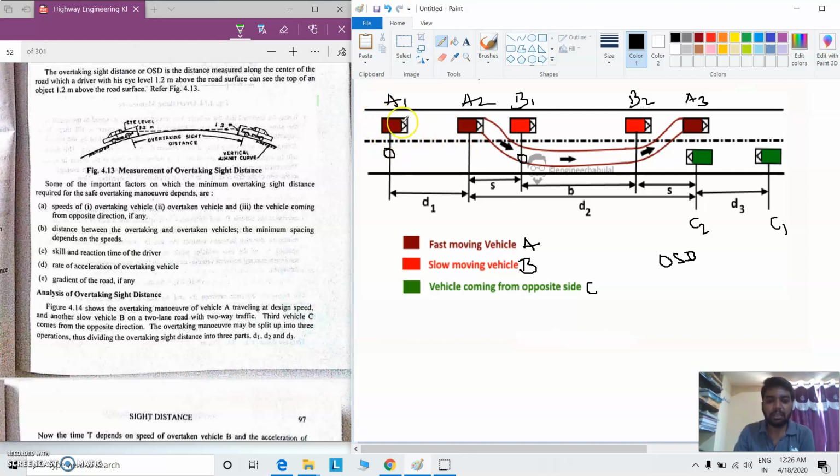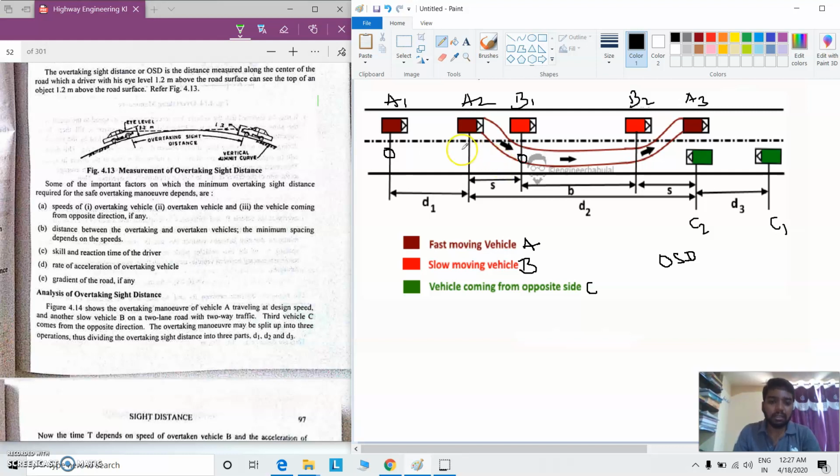When vehicle A is at the first position, it thinks about overtaking vehicle B. So this distance is one of the factors: how far the fast moving vehicle is from the slow moving vehicle. That can be written as the distance between the overtaking and overtaken vehicles.